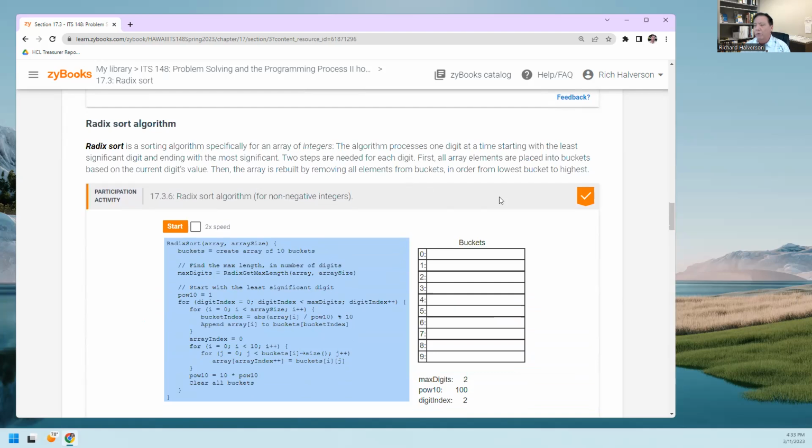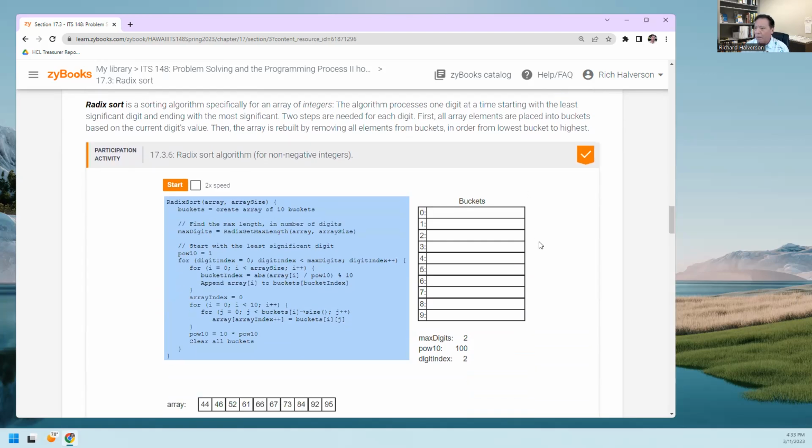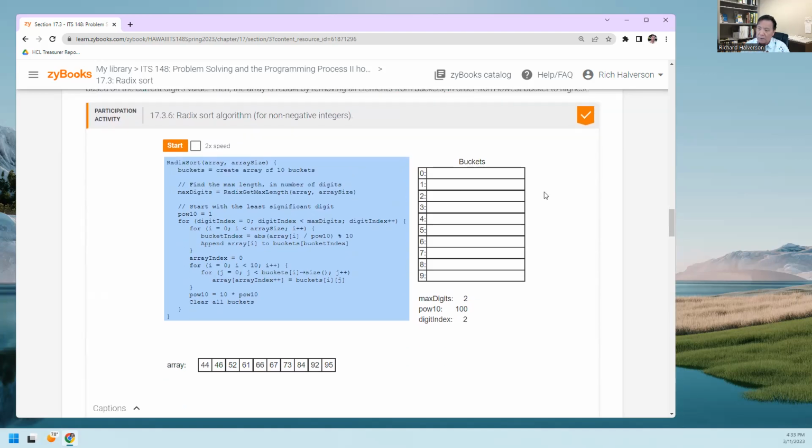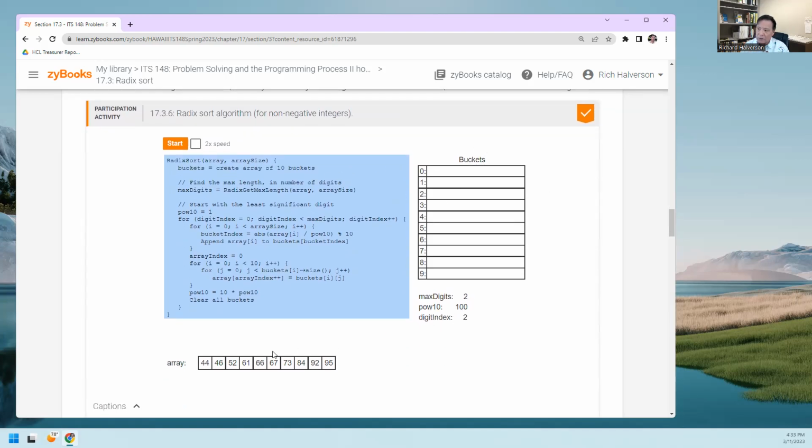Okay, so here's how we do the radix sort. We start with the lowest order digit, and then we fill the buckets. And then we take the integers back out of the buckets and back into the array, in the order that they're in the buckets.